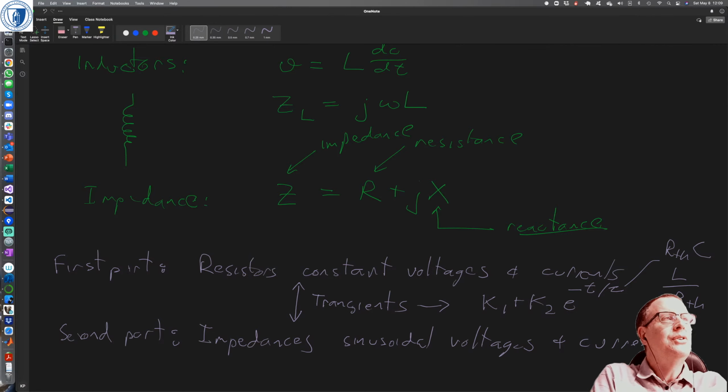So in addition to a constant term, there's going to be an oscillatory term as well, an oscillating term at some frequency that's determined by the relationship between C and L.